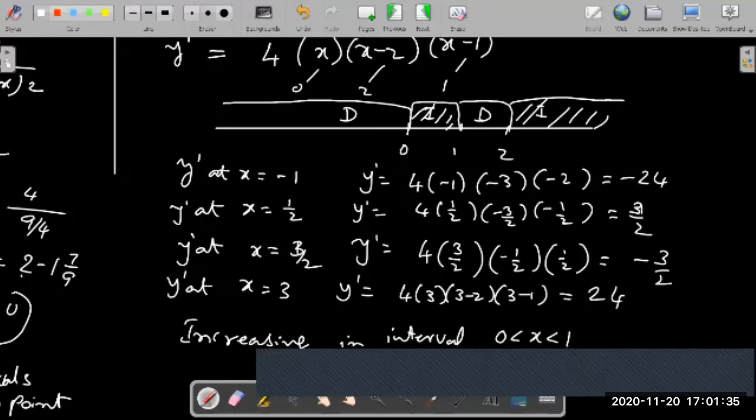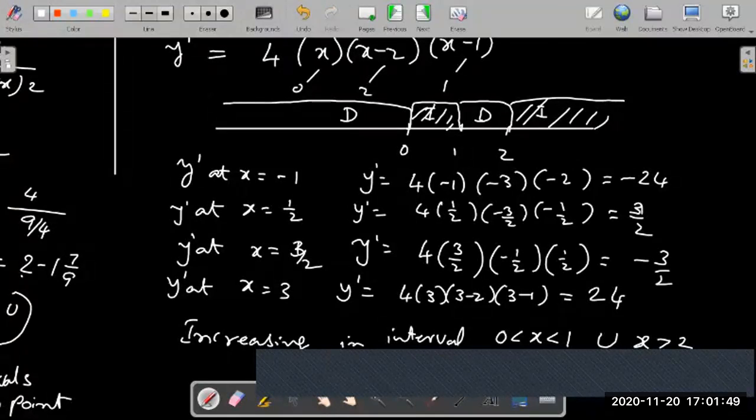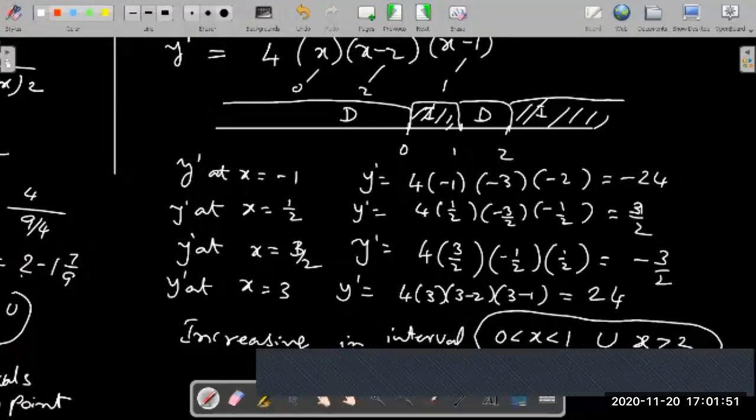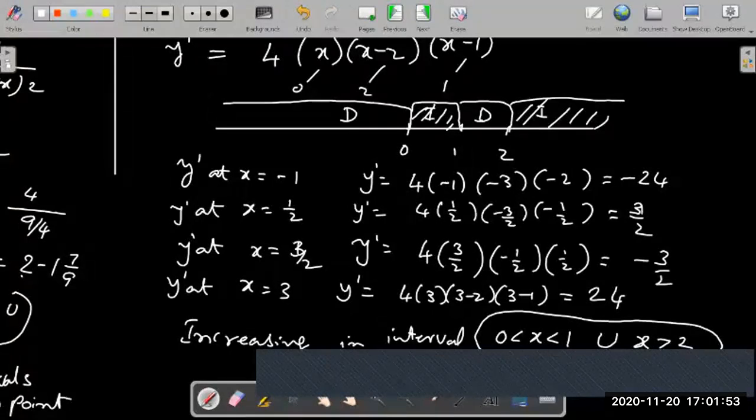Then we put a union, and union means there is one more, that's this one, x greater than 2. So this is how they expect the answer, with the union symbol. So this interval and that interval. We can't write 'and' also, so you just have to write this notation.